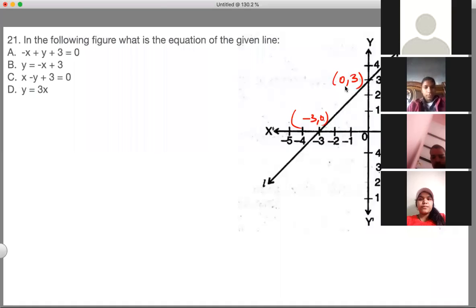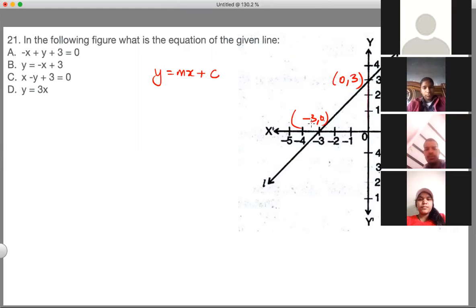So how will we do it? Okay, y is equal to mx plus c, everybody knows, right? Yes, sir. What is the slope of this line?